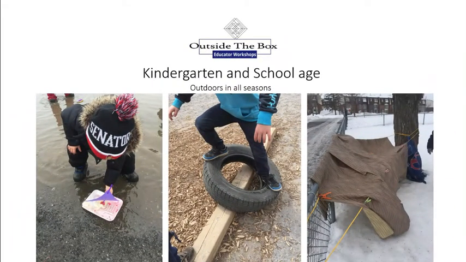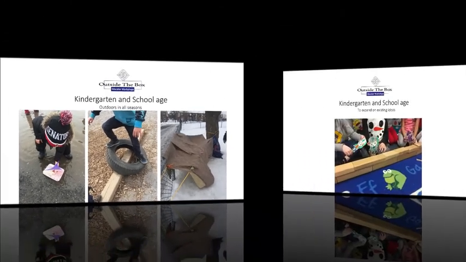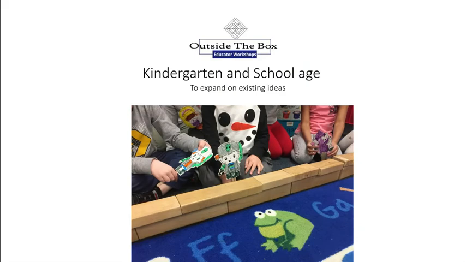You can use recycled materials to make boats to play with in the puddles when the snow starts to melt. You can use tires for a balancing activity, or use some string, some clamps, and some blankets to make forts beside the trees.